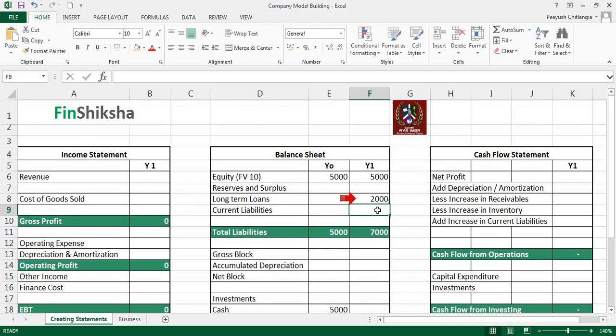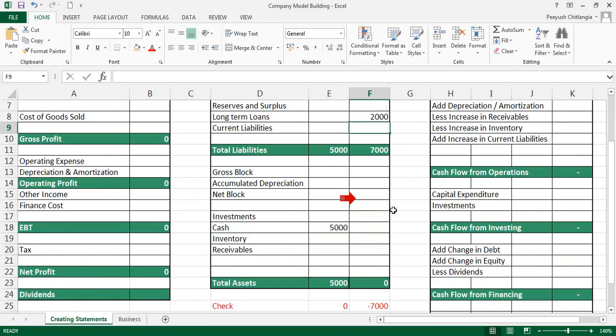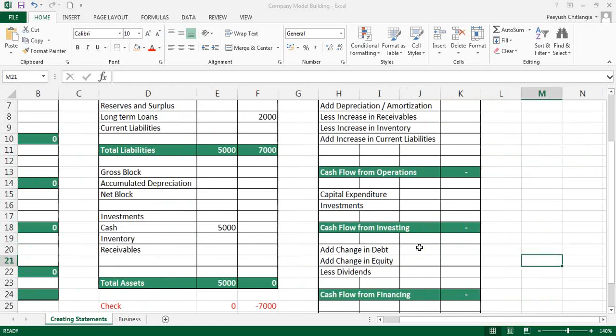Correct? Obviously, if this is 2000, there has to be a commensurate change on the other side of the balance sheet. Where did this money go when it comes in? You remember that this comes in the change in debt. So what is the change in debt? 2000 minus the last year number, correct?